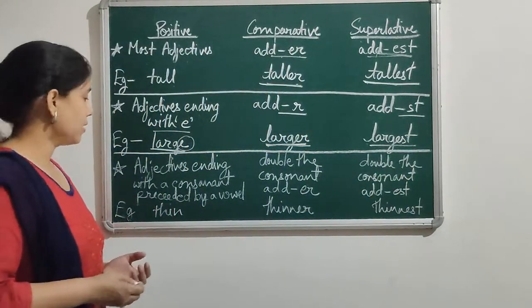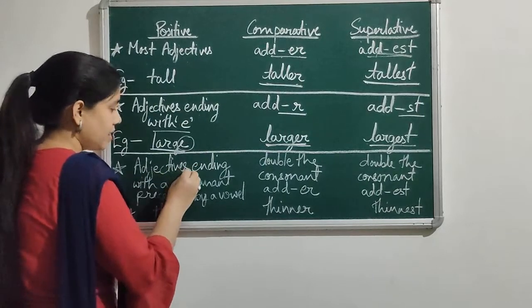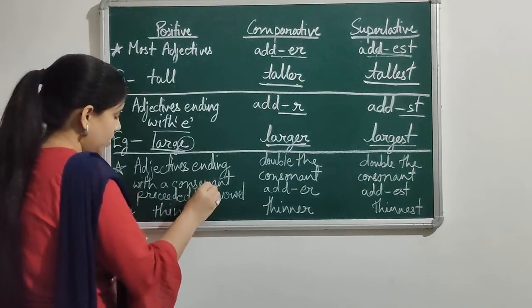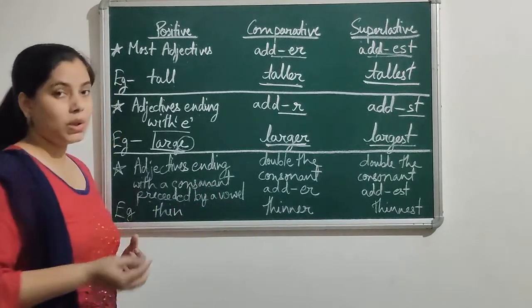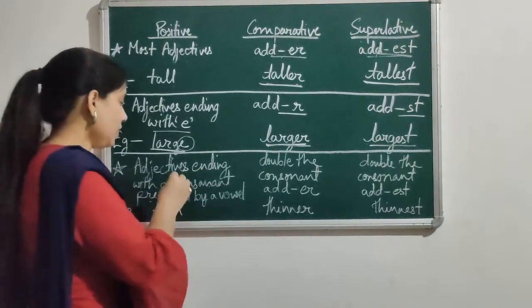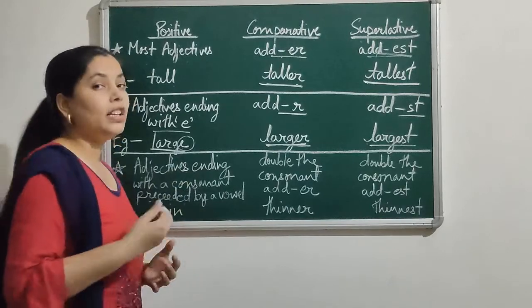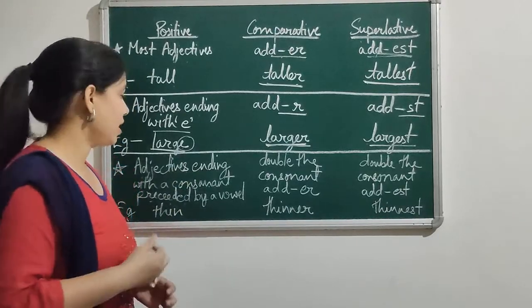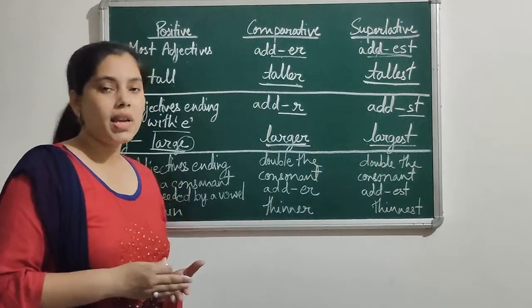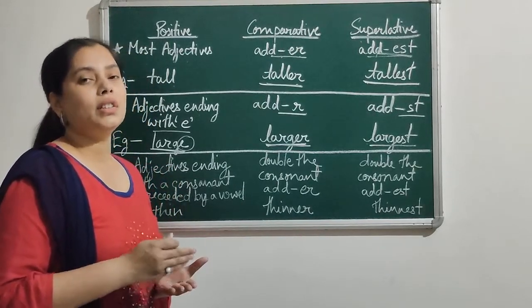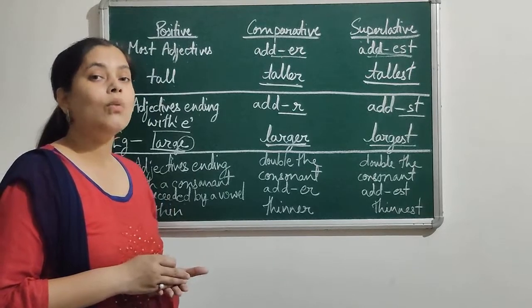Third is adjectives ending with a consonant preceded by a vowel. Now what is being said here? It is being said that there are different kinds of adjectives. There are some adjectives which end with a consonant at the end, but the consonant is preceded by a vowel.